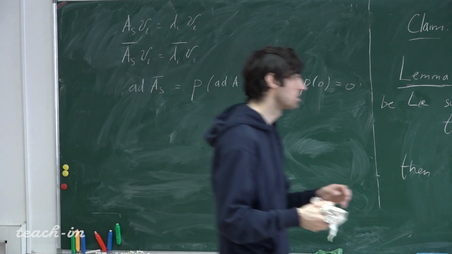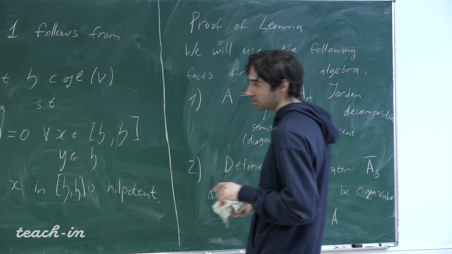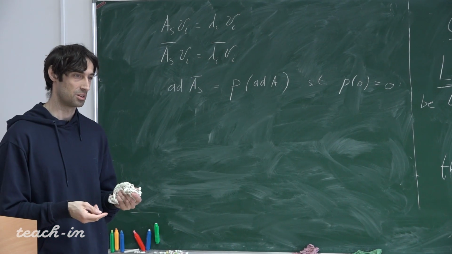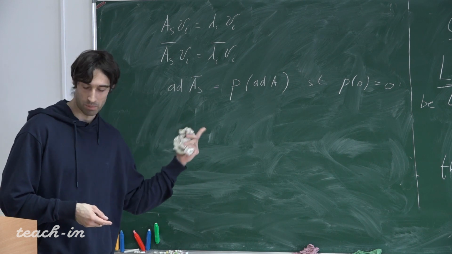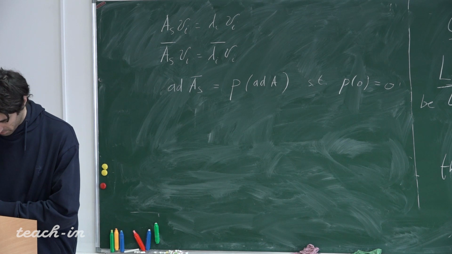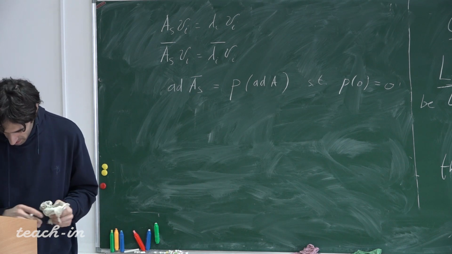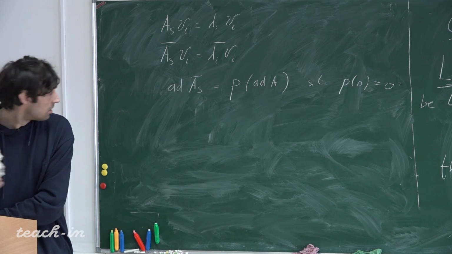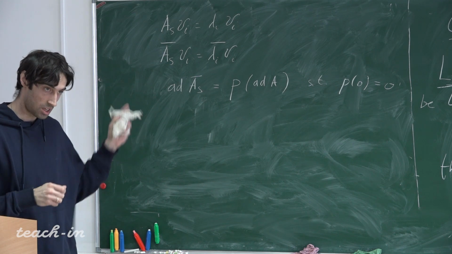Okay, this I will not comment on. This one is more like a special statement from linear algebra, not like everybody heard that. So maybe we can discuss it. So the statement, is it clear?